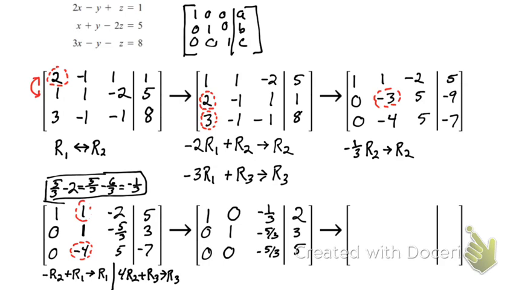Perfect. So we need to turn that into a 1. Can someone tell me how to turn that into a 1? Caitlin, do you know how to make that into a 1? You'd multiply the whole row by negative 3/5, and that's exactly what you're going to do.